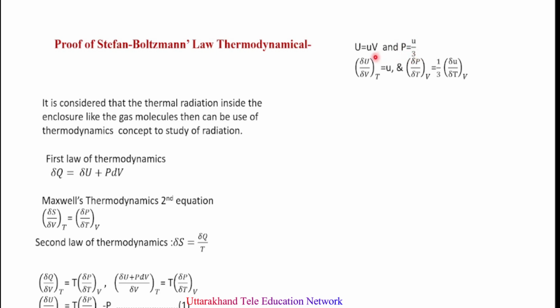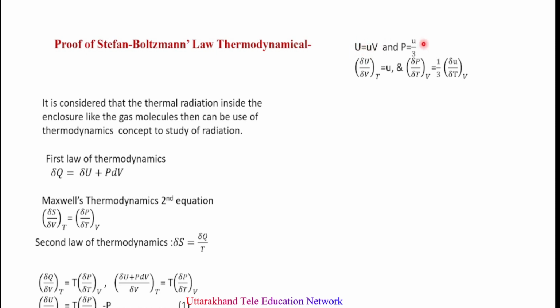Second, the total internal energy of radiation inside the enclosure will be U. Small u is the energy density. We multiply the energy density by the total volume, and this gives the total internal energy of the radiation.